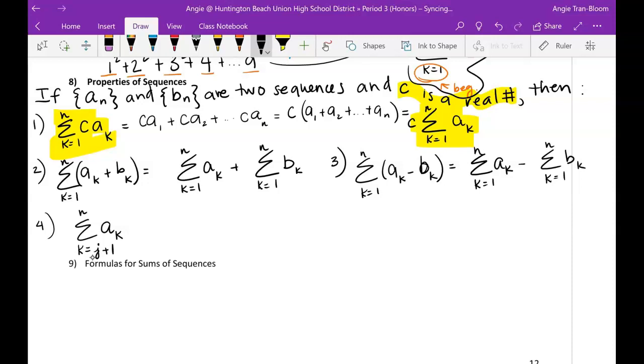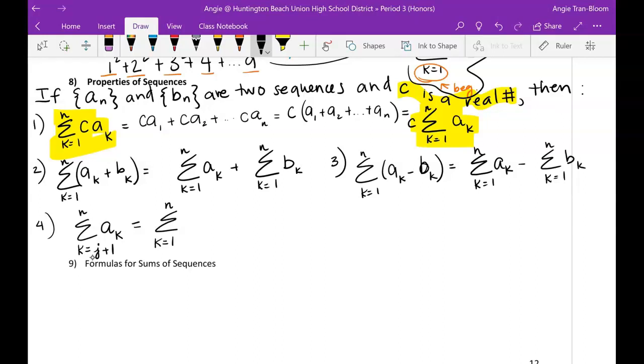So again, the summation of k equals j plus 1. What this really means is that I don't want it to start at the value of 1. What if I want it to start at 1? In a little bit, we are going to do problems where things don't start at k equals 1. Usually we want it to start at 1 because it's easier, but sometimes that doesn't happen. So how do we bring things back so that it can start at 1?